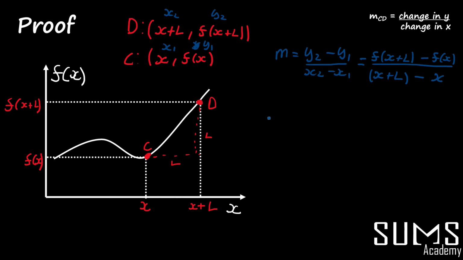Well, basically it simplifies down to this. m equals f of x plus L minus f of x, all over L, because those two x's just cancel out.